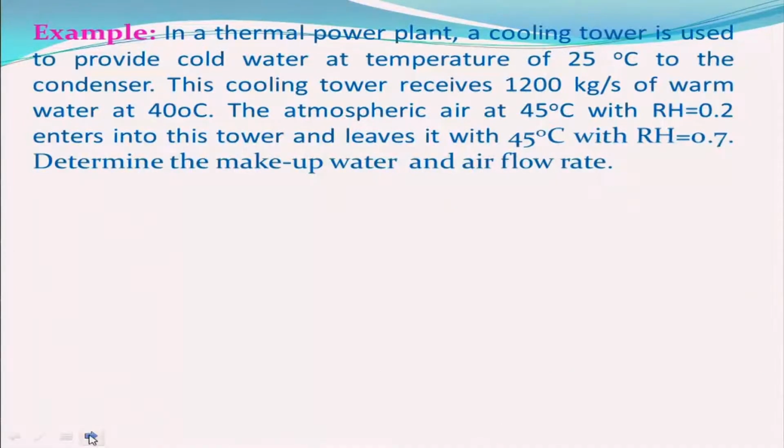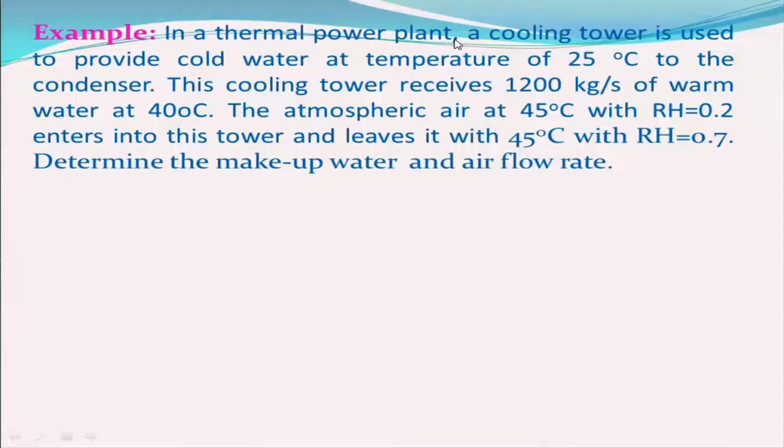I can take an example just to solve a problem. In a thermal power plant, a cooling tower is used to provide cold water at a temperature of 25 degrees Celsius to the condenser.